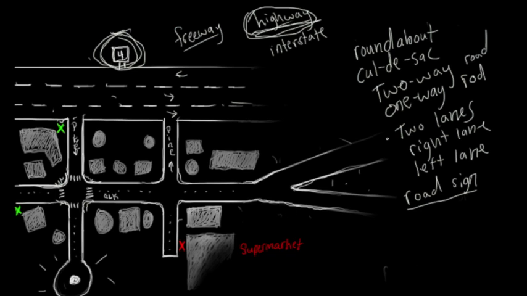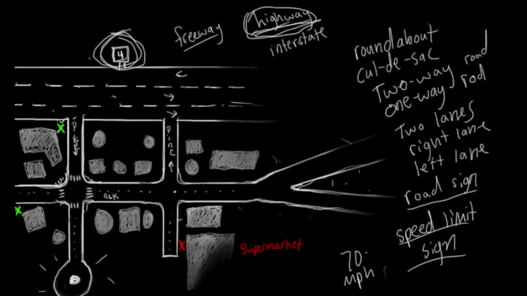So there are lots of different signs, but we call them road signs. There are signs to tell you how fast you have to go, or you can't go more than that. That would be called a speed limit sign. A speed limit sign tells you how fast you can go. You can't go faster than maybe, I don't know, 70 miles per hour or whatever. So there are lots of different signs beside the road.